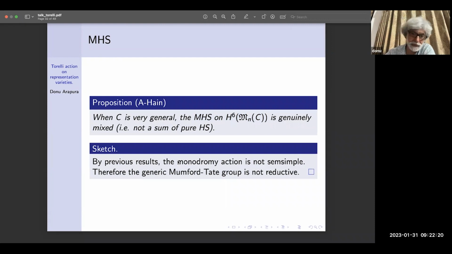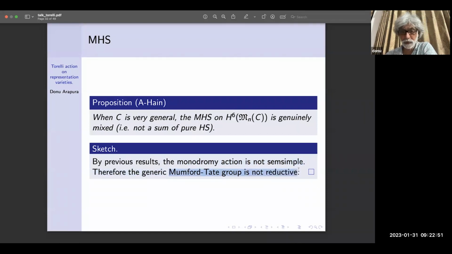What I said in the previous third of the talk, maybe I didn't say it exactly, but I implied it, is that the monodromy action, which is the previous mapping class group action, is not semi-simple. You can relate that to the generic Mumford-Tate group, and that would imply that this is not reductive.